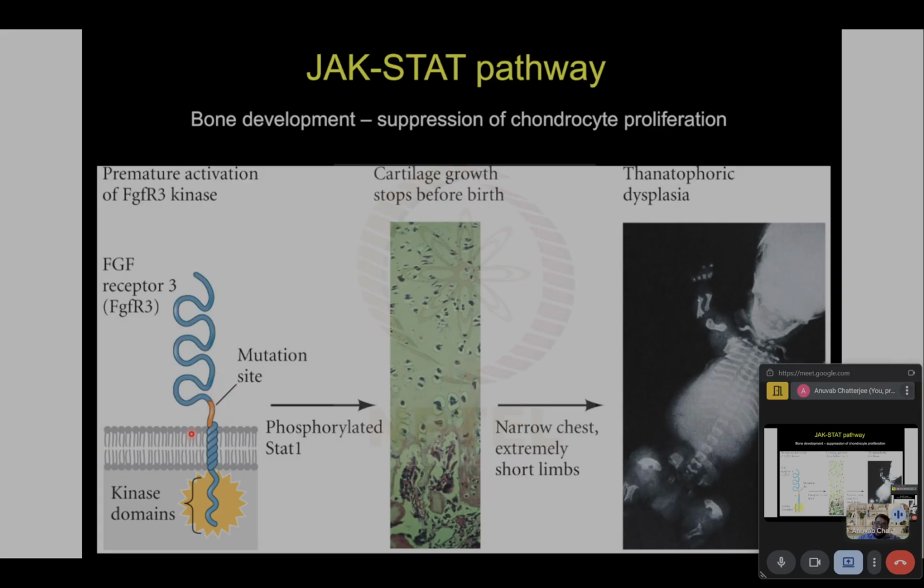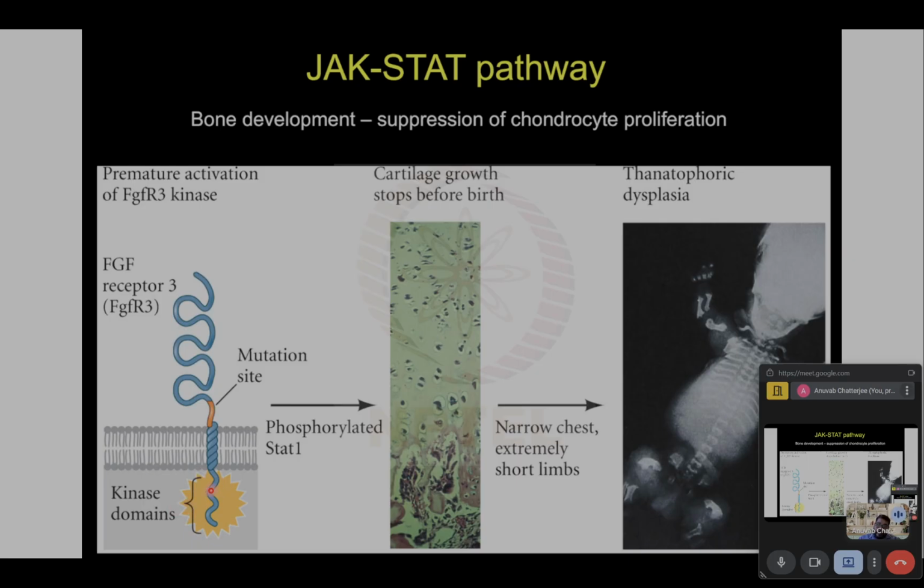There is a mutation in the extracellular domain which causes this entire pathway to be always active, even though there is no ligand binding. There will always be a gain of function here.